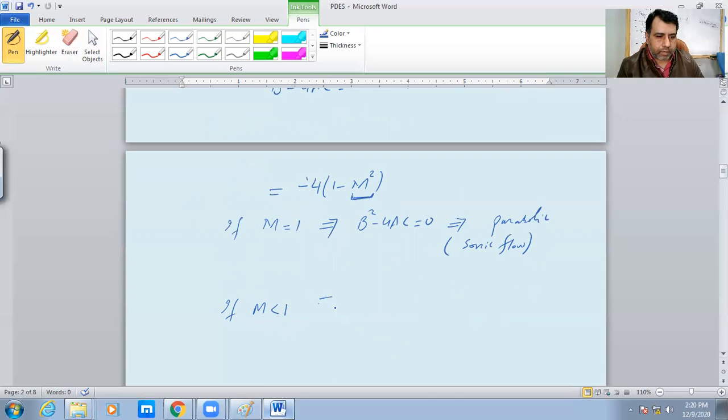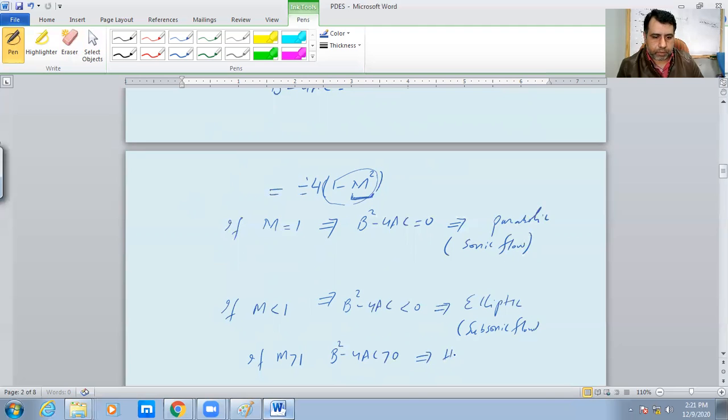So this will give rise to a negative discriminant. Then the equation would be elliptic, and the flow will be treated as a subsonic flow. And the last case, if m is greater than 1, then this quantity would be negative, and when you multiply it by -4, you will get some positive quantity. So b square minus 4ac would be positive, in which case the equation would be treated as a hyperbolic PDE, and the flow would be called a supersonic flow.